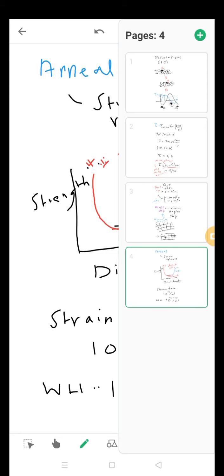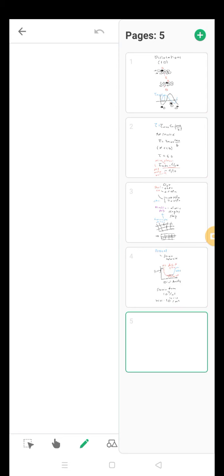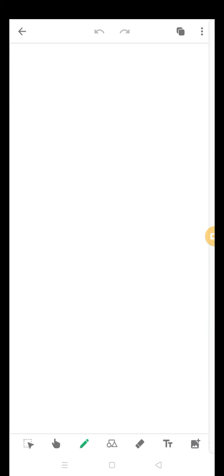Now, these dislocations, there have been many models. So the most well accepted model to understand dislocation is called the Volterra model.